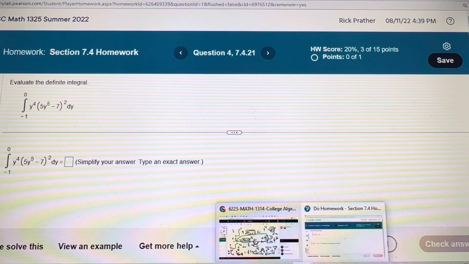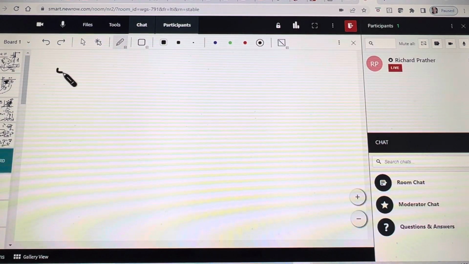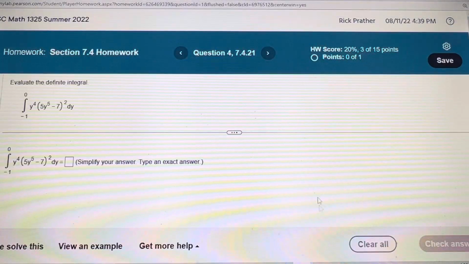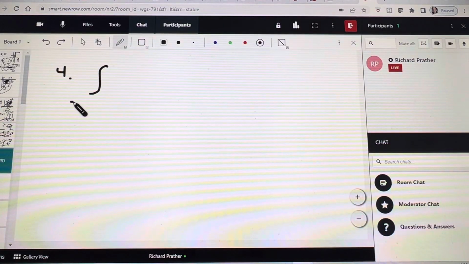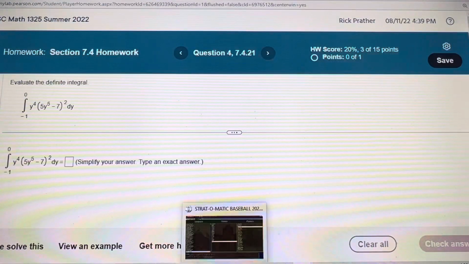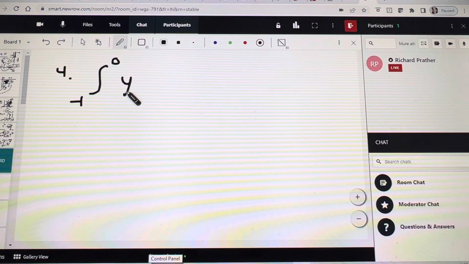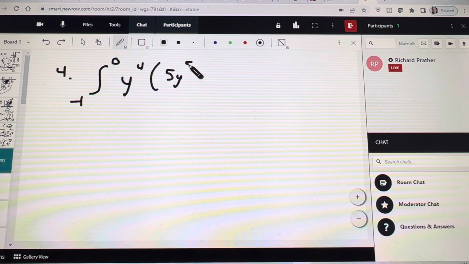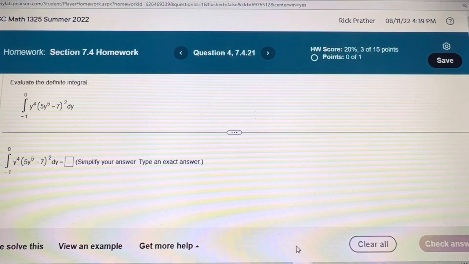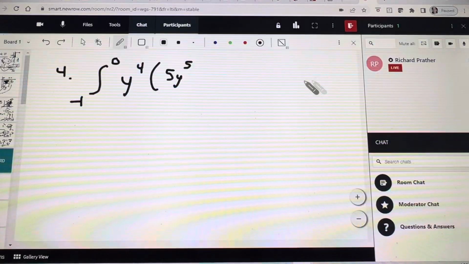Okay, here's another one where we're going to need a u substitution. Integral from -1 to 0 of y to the 4th times (5y to the 5th minus 7) squared dy.